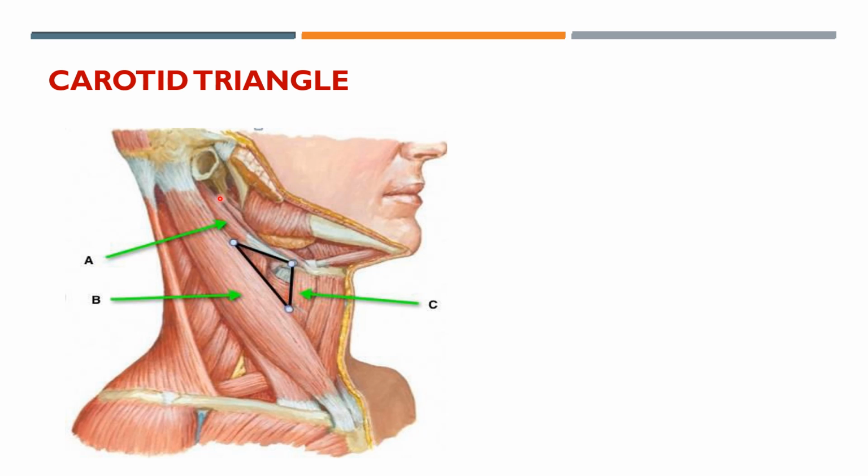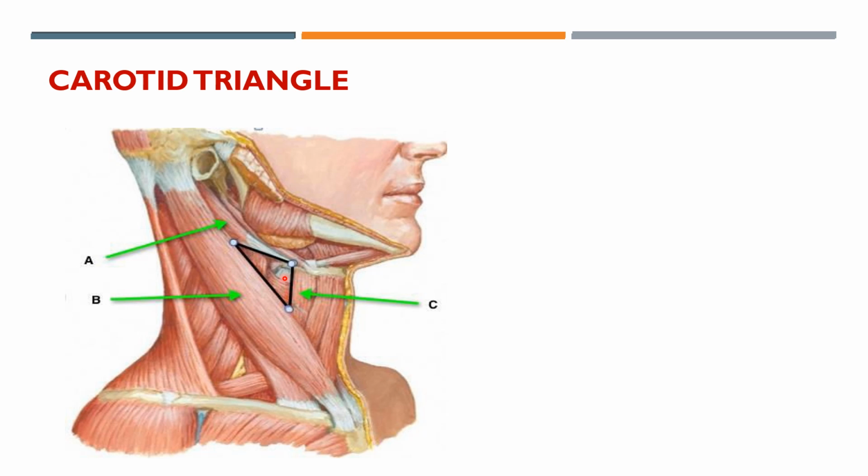So here this is the posterior belly of digastric muscle. This is the sternocleidomastoid muscle, and this is the superior belly of omohyoid. So here this is the site of the carotid triangle.